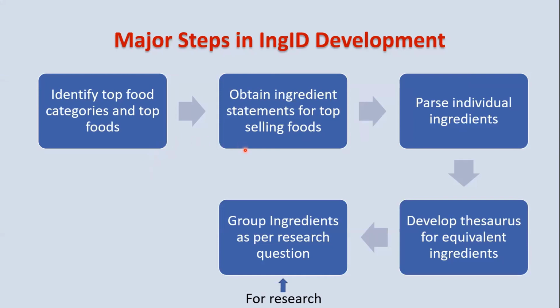Second, we obtained ingredient statements for top selling foods. We mainly use the branded foods product database for this purpose. Then we parsed these ingredient statements into individual ingredients. We developed a custom program in R for this purpose.